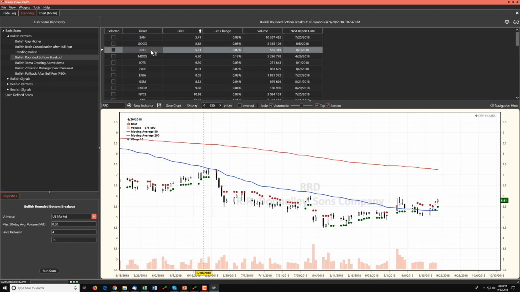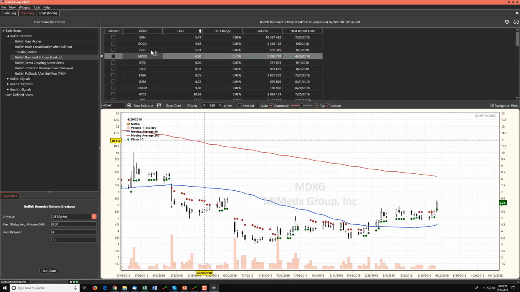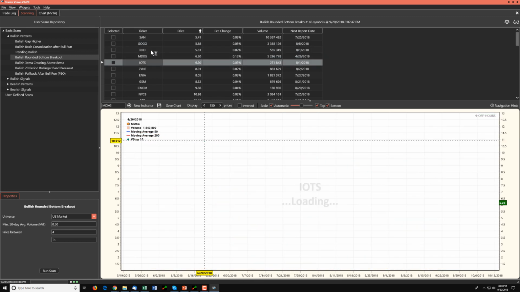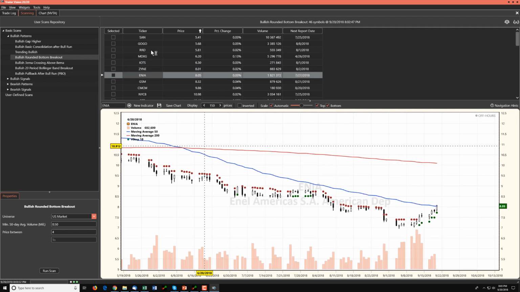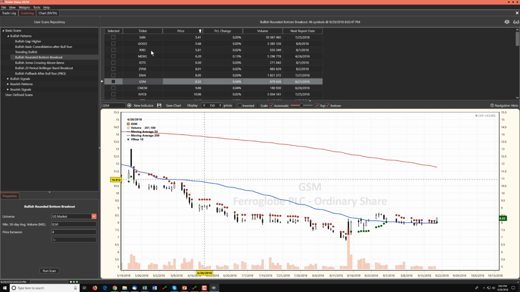Let's see what I can find here. There were a number of rounded bottom breakouts that I liked. Some of them we were already in today. GSM was one that I liked a lot. We've got a nice bullish signal there.